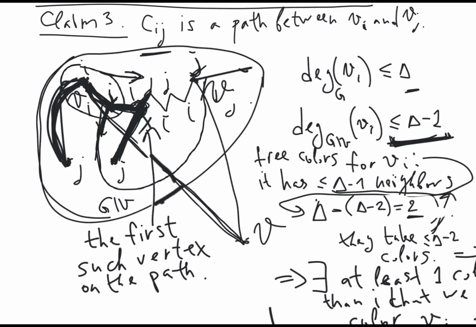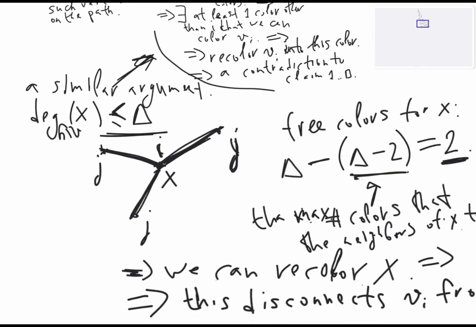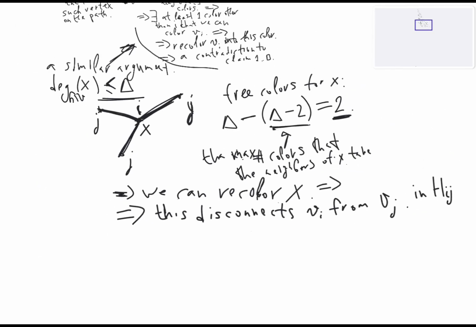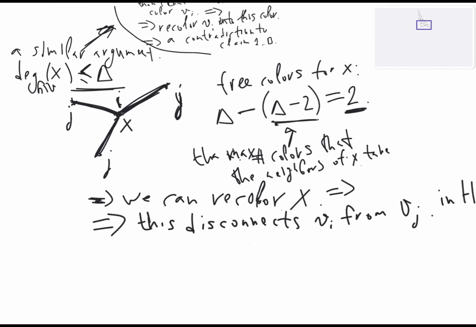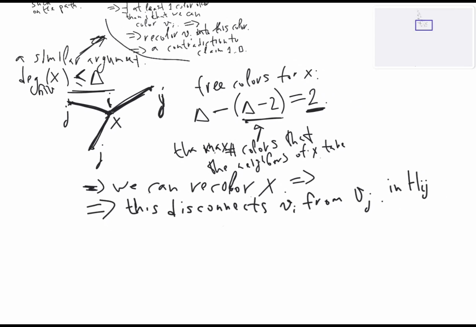So all of this is to say that by recoloring the vertex x, we disconnect vi from vj.